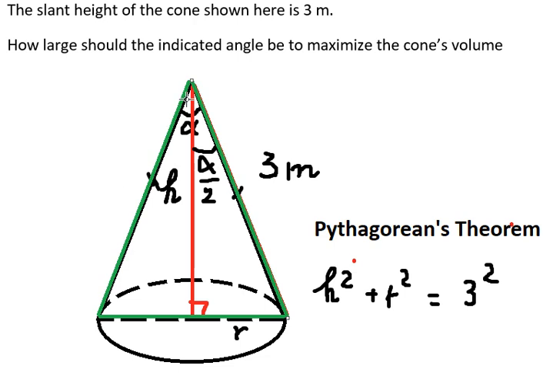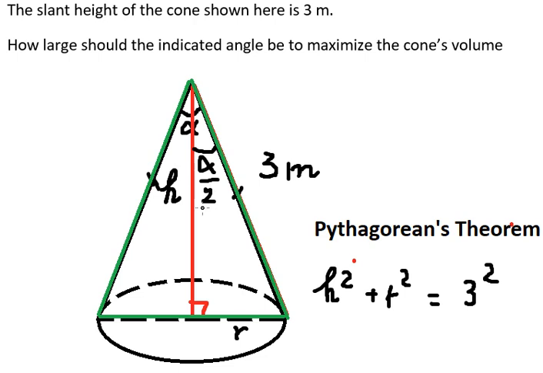The green triangle in here is isosceles. So that means the height will divide this angle in half. That's why we have alpha over 2 in here.